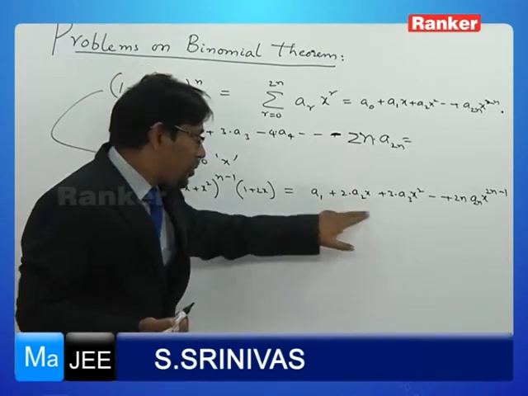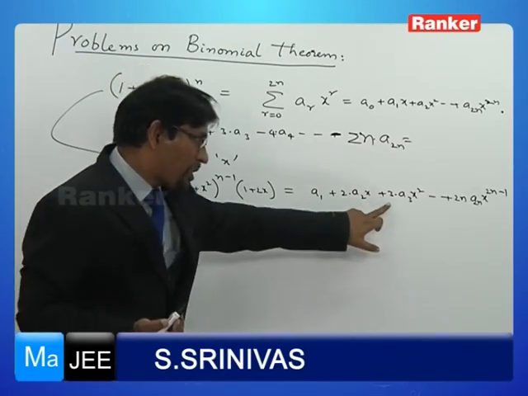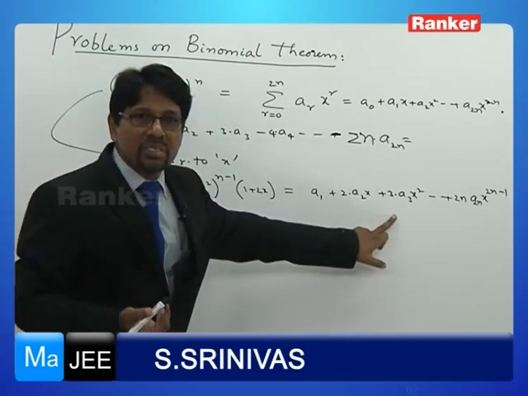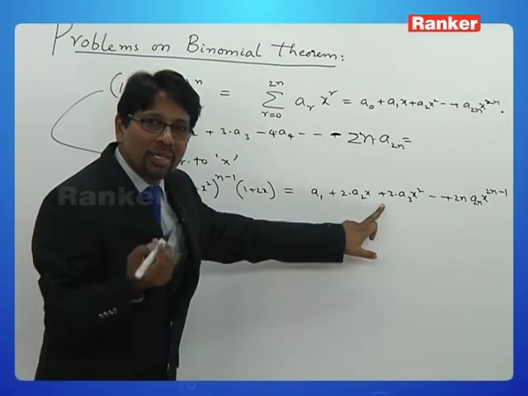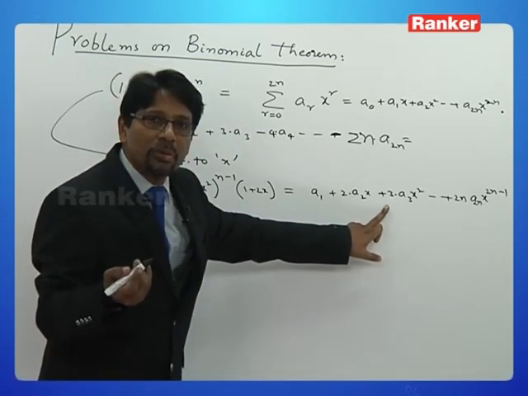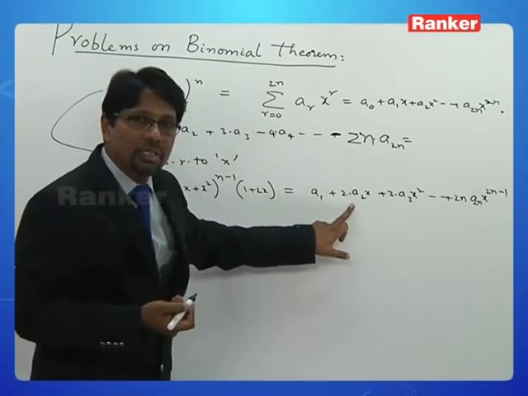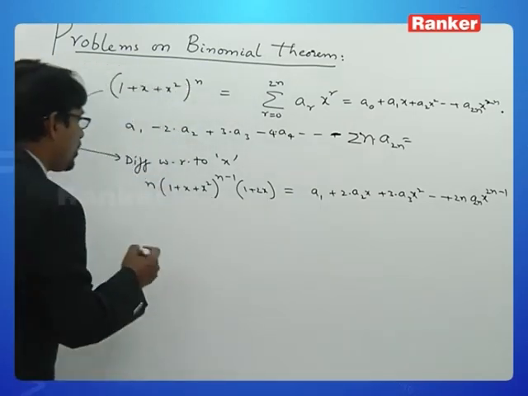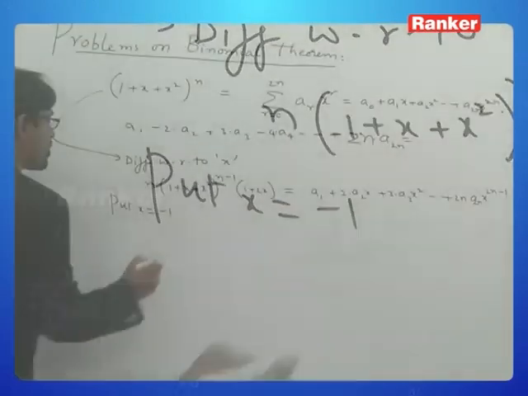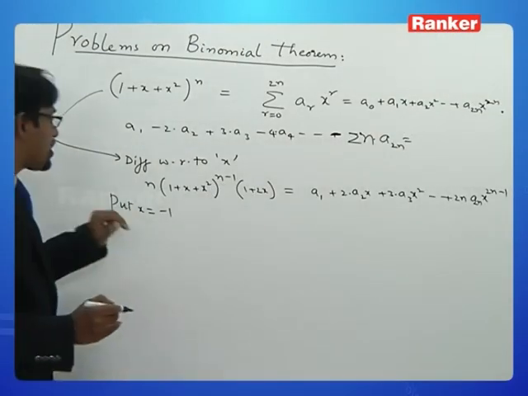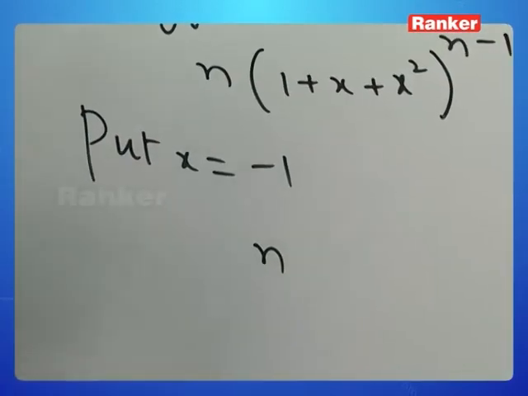If I put x equal to 1, I will be getting a1 plus 2a2 plus 3a3, all the terms with the plus sign. Now how do you get an alternating sign pattern on the right hand side? By putting x equal to minus 1, we can get the alternating pattern here. So we will put x equal to minus 1 on both sides. When I put x equal to minus 1, what does the left hand side become?